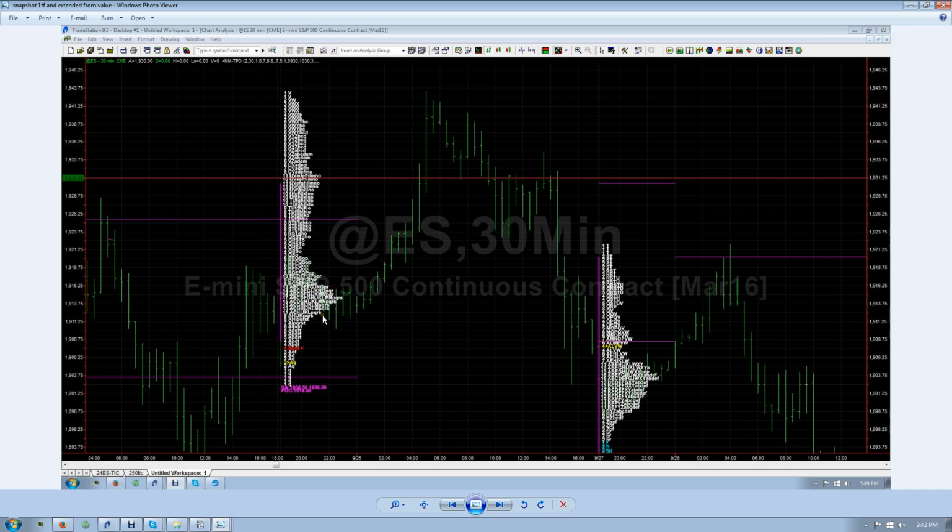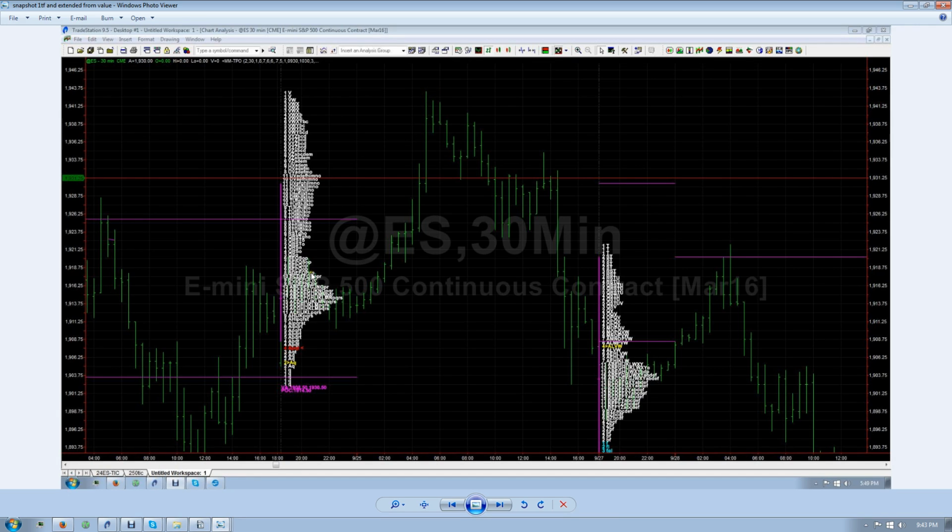Okay, here is some one-time framing, and you've got a fairly decent, what's called a prominent point of control. And a prominent point of control just means there's a lot of TPOs there. Price crossed that level many, many times, and it really stands out. And then you begin one-time framing on an intraday trend there. Higher highs, higher lows.